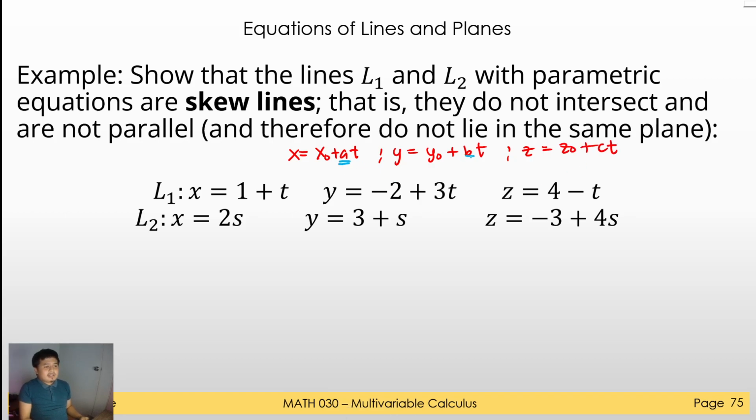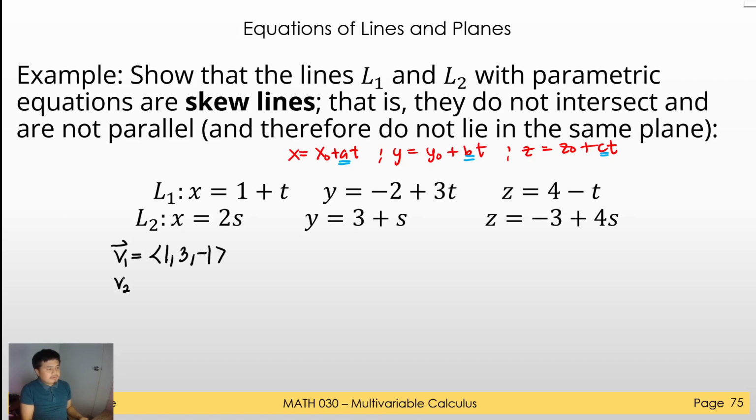So we can see here that a, b, and c are the components of the vector of this line. Since this is a line, we will write this as vector v. So the vector of line 1 is equal to the coefficients of t, so we have here 1 and 3 and negative 1.